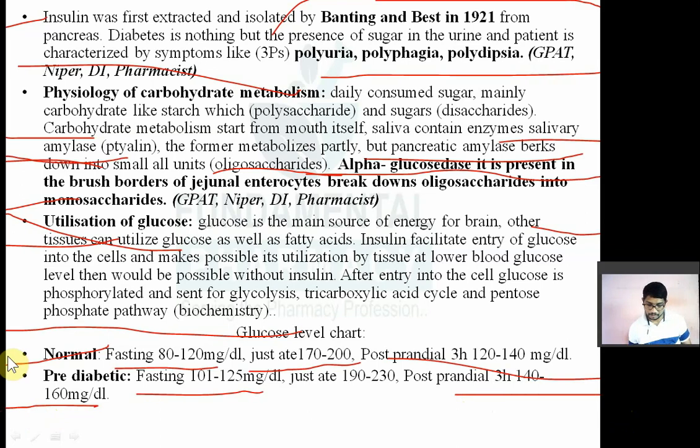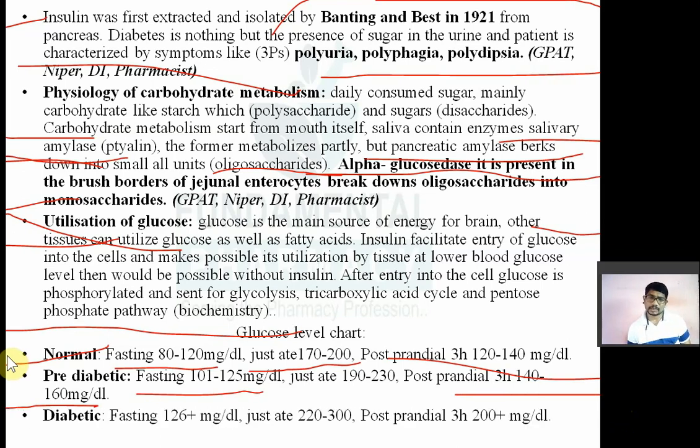Now, what is the blood glucose level for a diabetic patient? In a diabetic patient, the fasting blood glucose level is 126 milligram per deciliter or more. Just after eating, it is around 220 to 300 milligram per deciliter, and postprandial is 200 plus milligram.